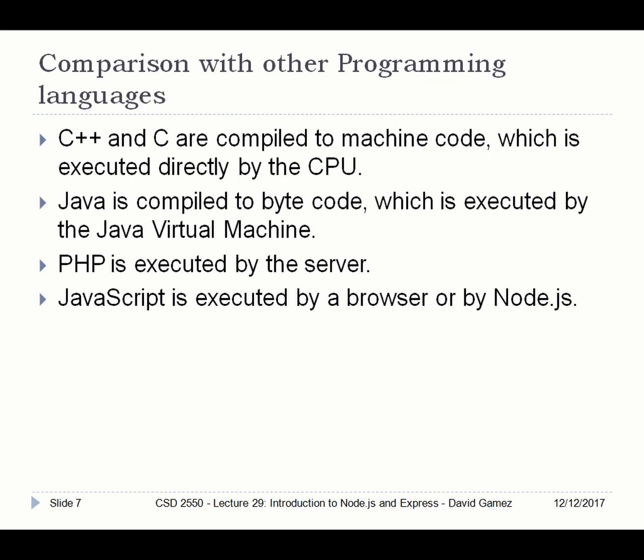Java's a little bit different. Java's compiled down to bytecode. Now bytecode's similar to machine code, but the Java bytecode's executed by a Java virtual machine, not by the actual CPU. So the Java virtual machine's a program that runs on the CPU and interprets the bytecode and then does particular things depending on what the bytecode specifies. And that's what gives Java the ability to run on lots and lots of different types of devices.